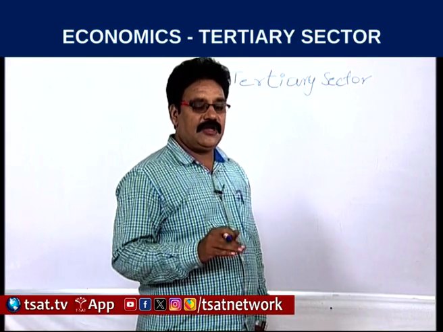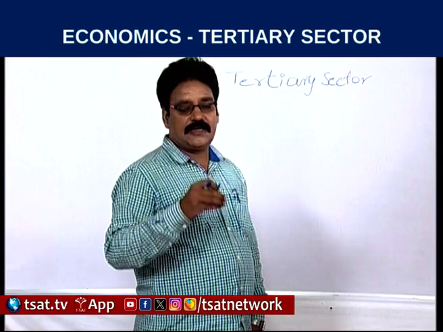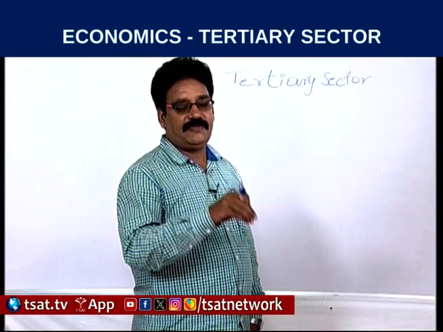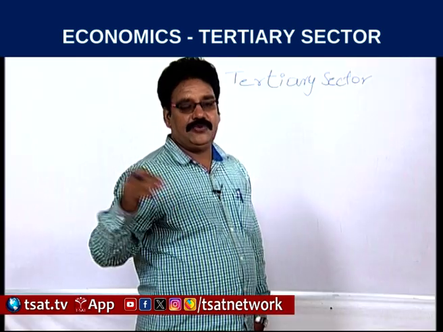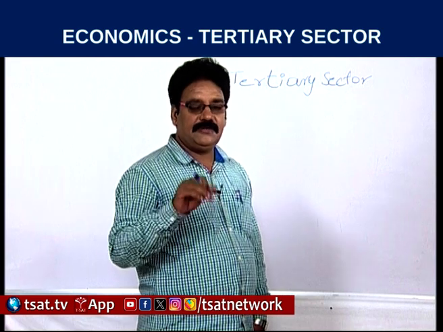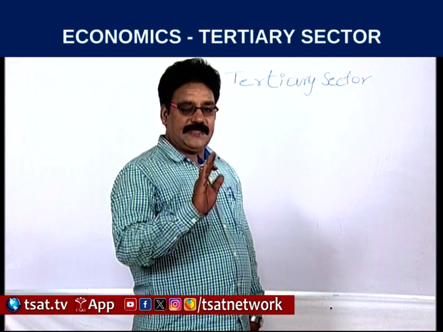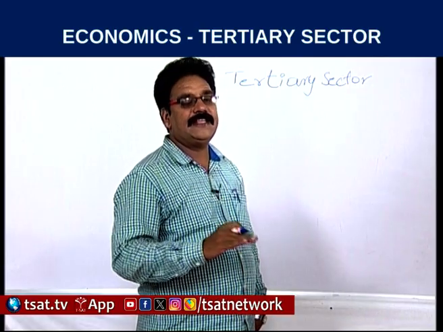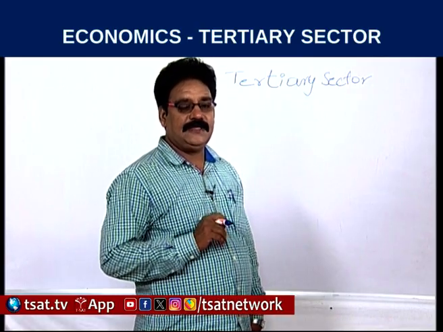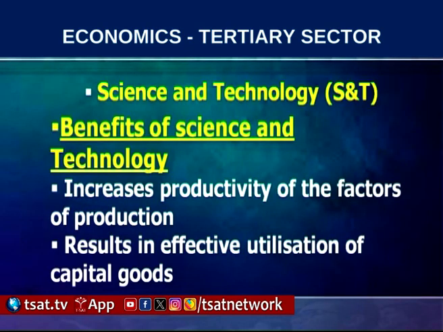With science and technology, we notice what elements are essential for growing particular crops, or what main minerals are available in one land, so that we can extract them, use them in production, and increase the productivity of that factor.